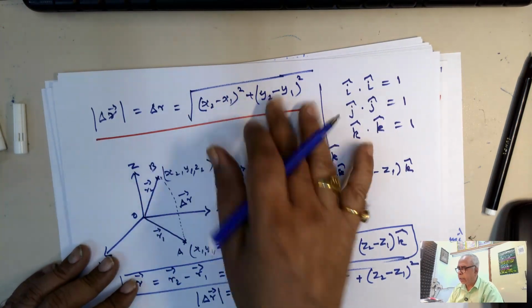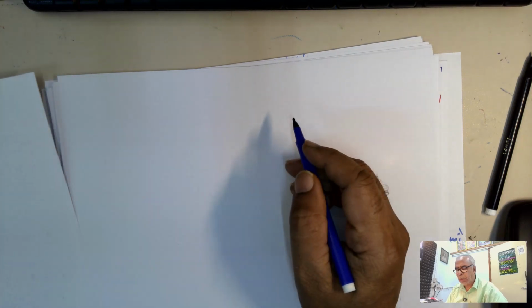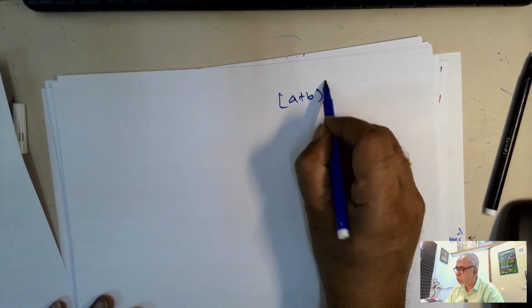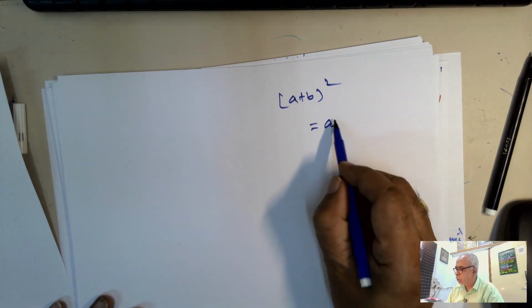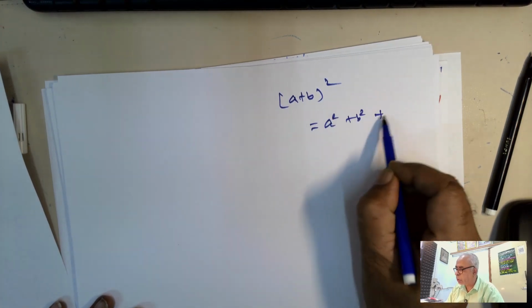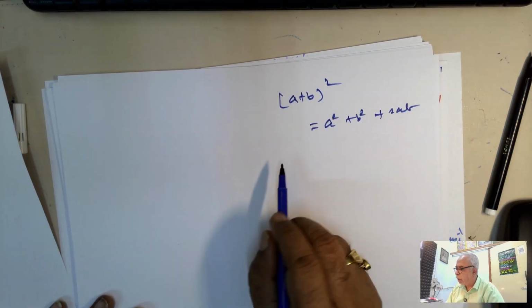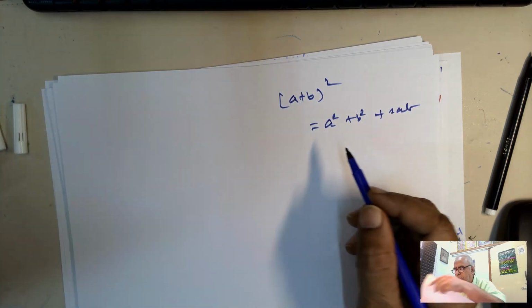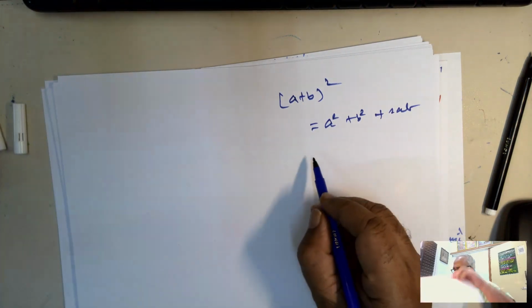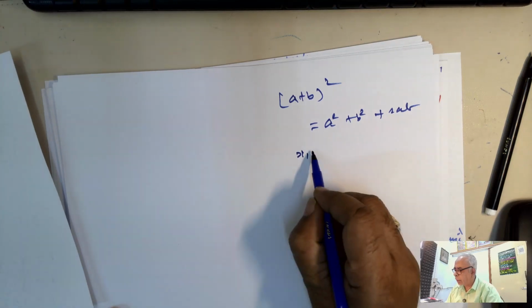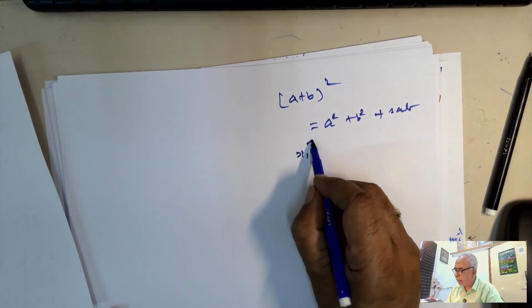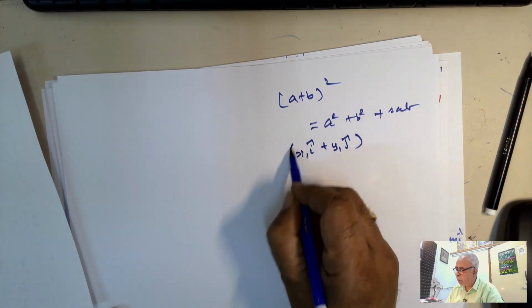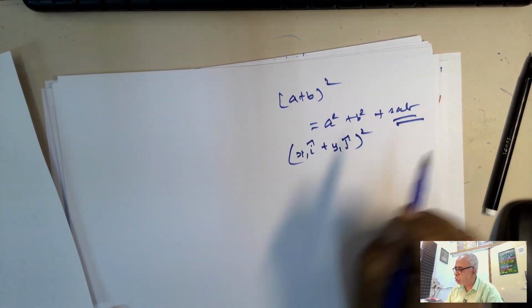And you may get stuck with this point. For example, sir, when you put (a plus b) the whole squared, what do you mean by this? You will put a squared plus b squared plus 2ab. But in this case, where I put x1 i cap plus y1 j cap, I will not at all consider this 2ab.